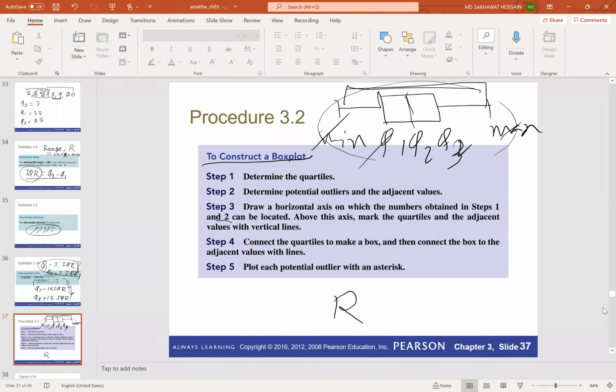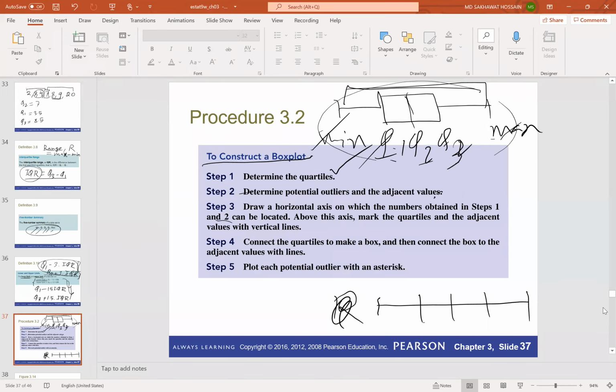Okay, so how do we construct the box plot? First, you will determine the quartiles, that means Q1, Q2, Q3, determine potential outliers and adjacent values. Draw a horizontal axis on which the numbers obtained in step 1 and step 2 can be located. So you will draw a horizontal line, then look at all these 5 numbers. So the minimum number, then the first quartile, then the second quartile, then the third quartile, and the maximum number.